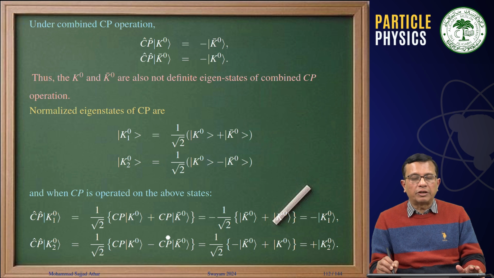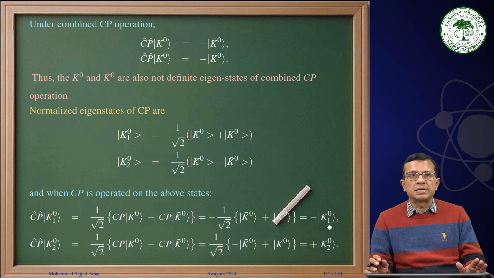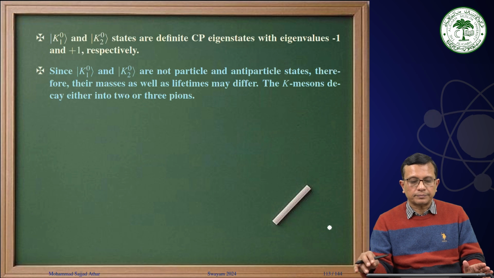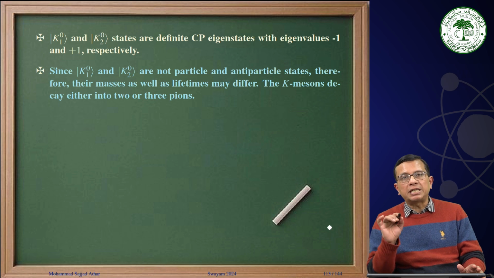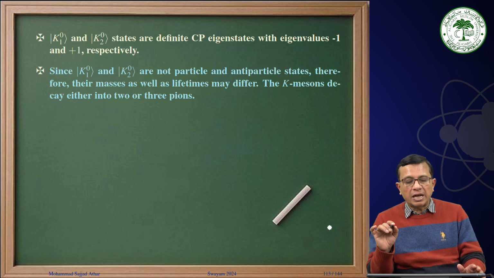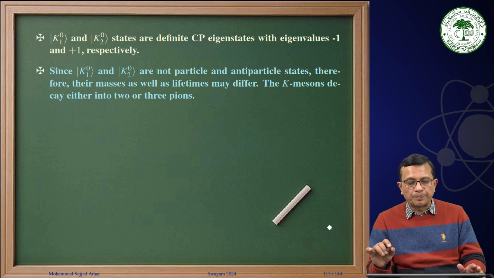That means the eigenvalue in the first case is -1, and in the second case it is +1. That means K10 and K20 states are definite CP eigenstates with eigenvalues -1 and +1 respectively.